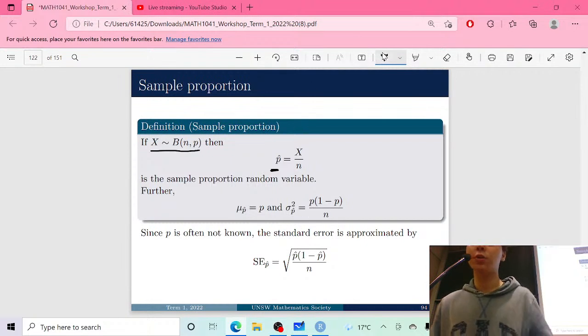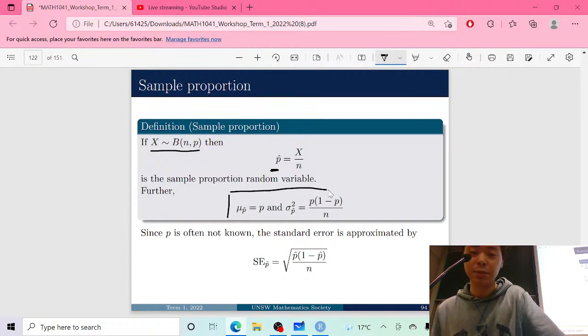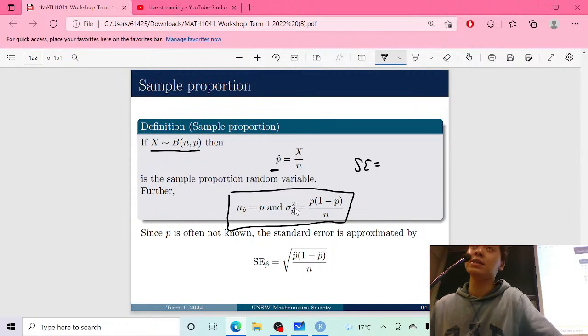You don't need to know how to derive these. You just need to memorize each of these components here. And then if we take the square root, we evaluate the standard error. The standard error is the standard deviation evaluated at p hat, because p hat is an estimate for p. So what we get here is the square root of p hat times 1 minus p hat divided by n.